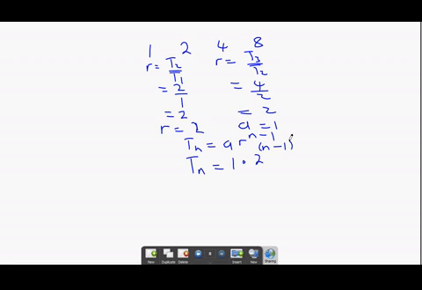So if I want the 10th term, which is also T10, when we want to find our T10, we would say, okay, fine. Remember, our Tn is equal to 1 dot 2 to the power of n minus 1.